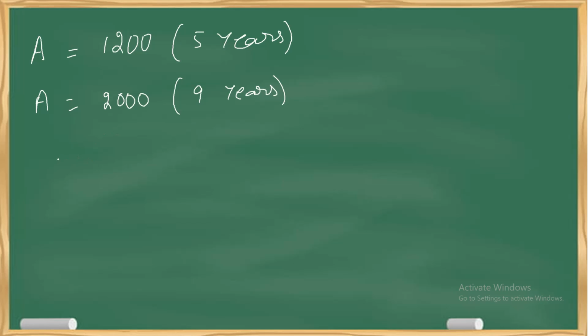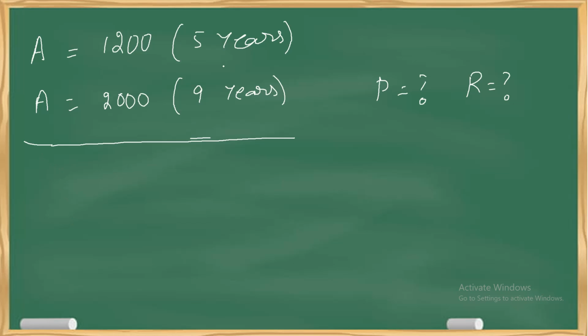Okay, so how to solve this question and what are the questions they might ask you? Sometimes they might ask you the principal amount, sometimes they will ask you for the rate of interest. So P is equal to how much, R is equal to how much. They might ask you any of the questions here.